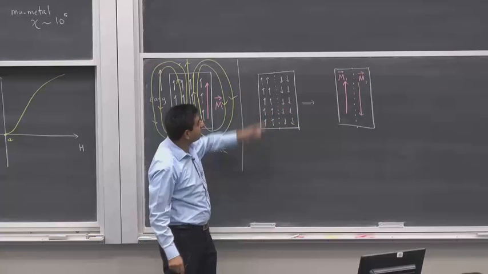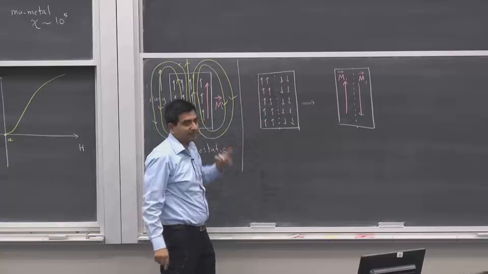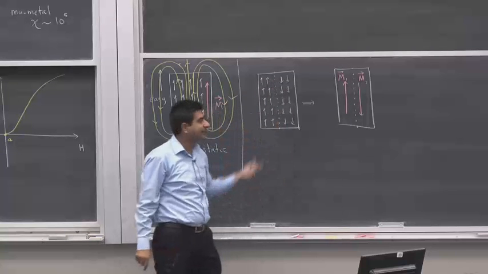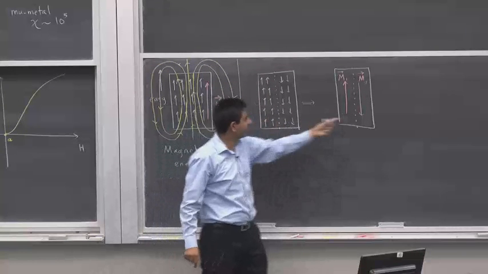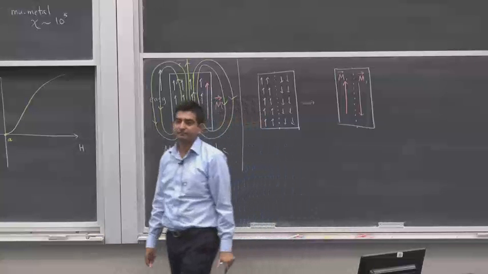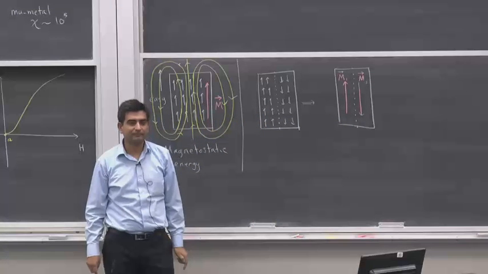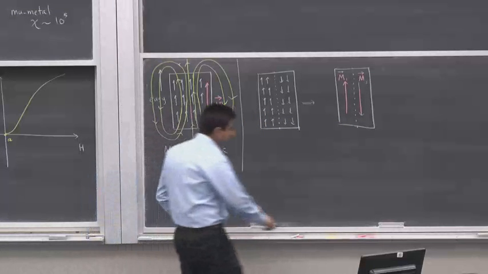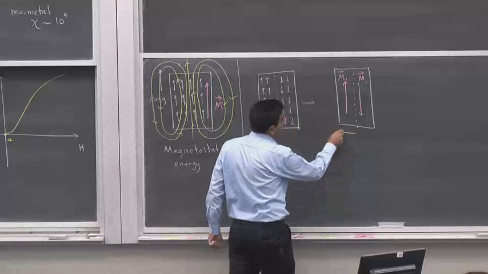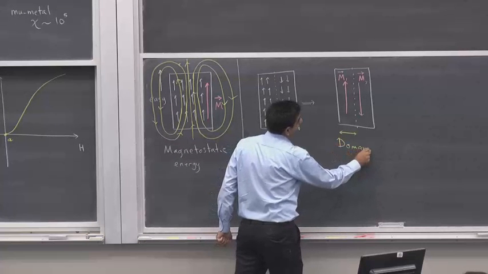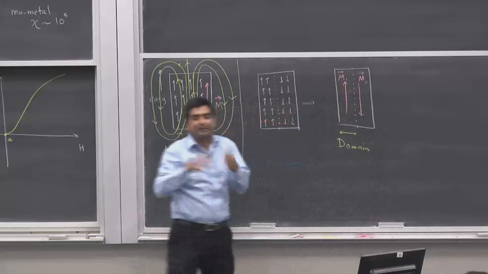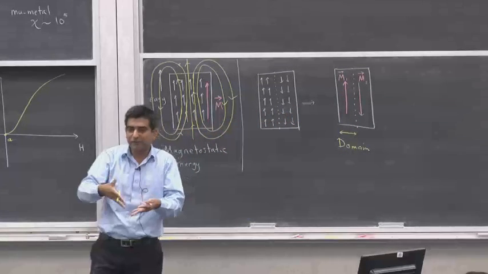The spins are all parallel, no doubt, inside this sector, and they're all parallel inside this sector, so they will add up cumulatively to give you a net magnetization here and a net magnetization here. So this sector is called a domain. So this single crystal has subdivided itself spontaneously into two domains.